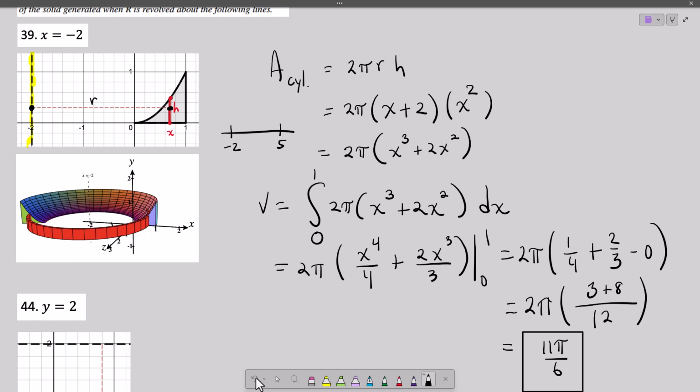If this was 3 and this was -2, what would the distance be? 5. So you did 3 minus -2. If this is x and this is -2, x minus -2 gives you x plus 2. So we're still doing right minus left. It's just that there's a variable in there, so it feels a little bit different. But that's all we're doing is subtracting right minus left.